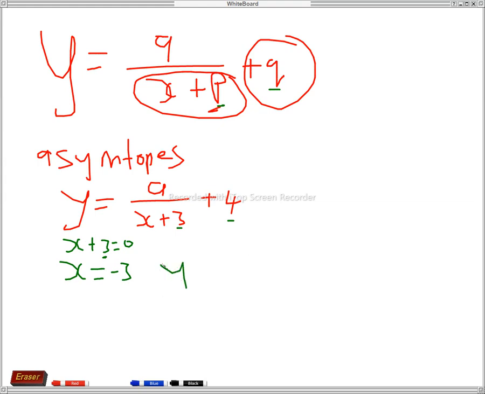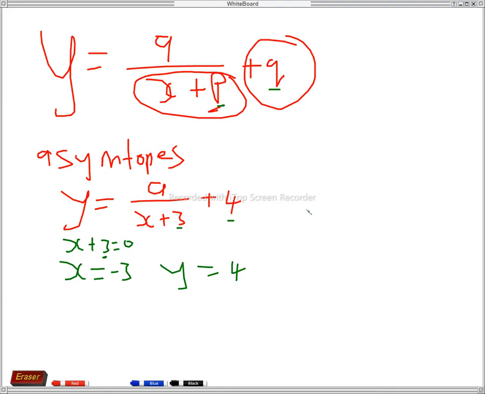Then for my y asymptote, it is going to be 4. I take it as it is, nothing changes there. This is how I determine my asymptotes, or when you are asked a question in the exam and they say give the asymptotes of the following function, maybe g of x. This is how you are going to determine your asymptotes.